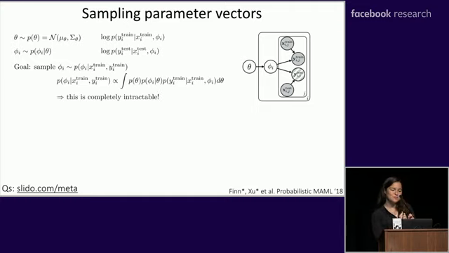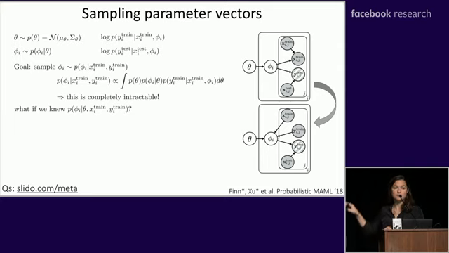But one thing you might ask is, well, what if we knew p of phi given theta and the training data set? If we knew this distribution, our graphical model would be transformed in this way, switching the arrows from the training data set to phi. And then we could simply sample with ancestral sampling. We could sample a theta from the prior, sample phi from this distribution, and get a sampled phi.